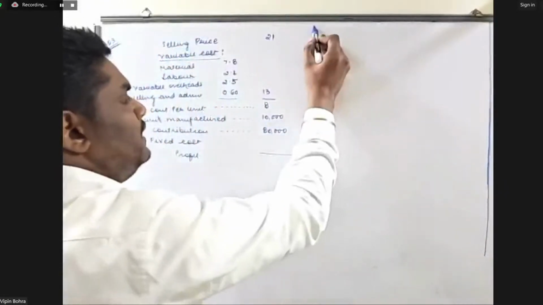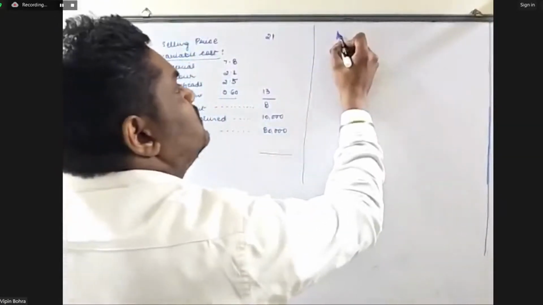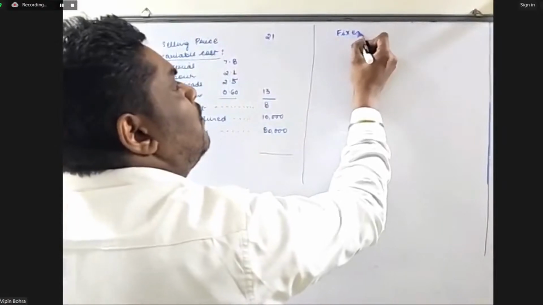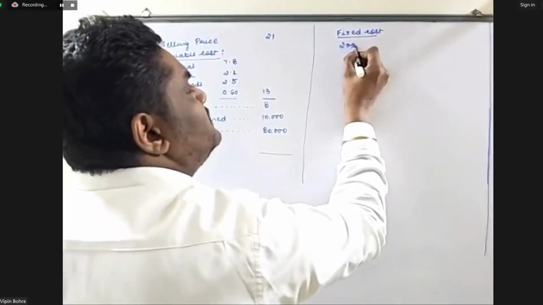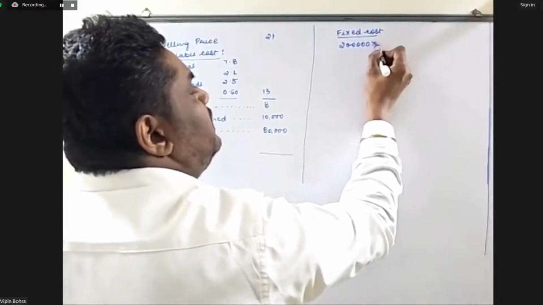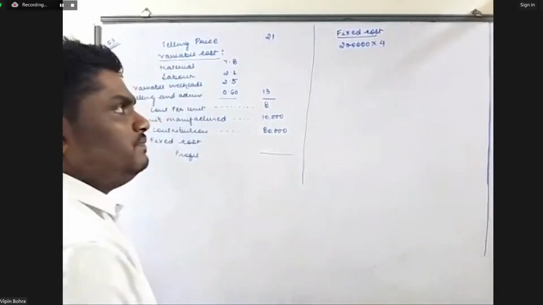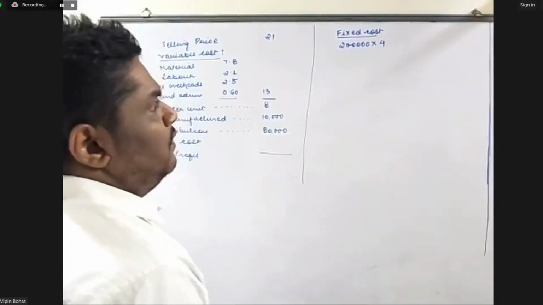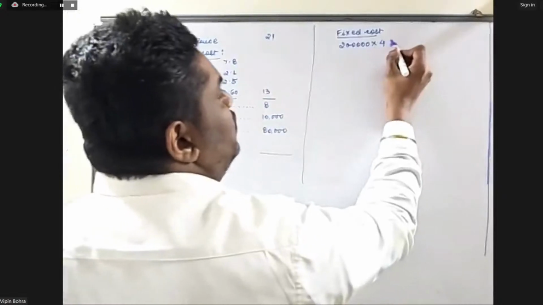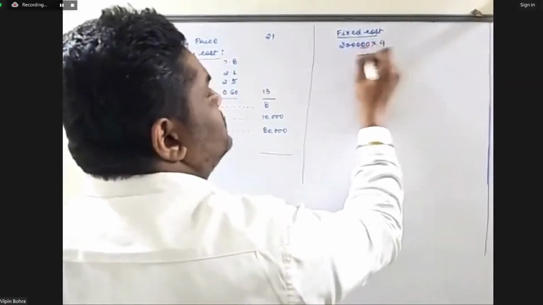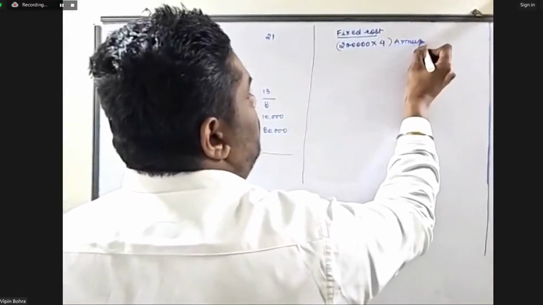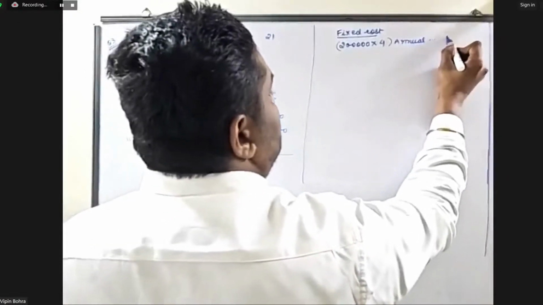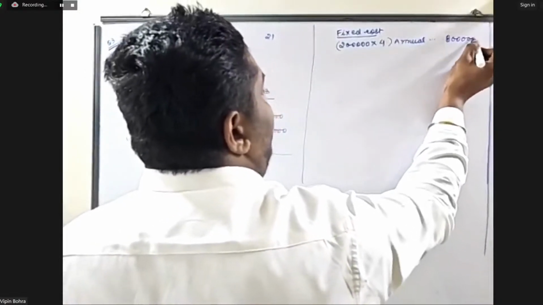So annually it is 2 lakh units into 4, so the annual fixed cost is eight lakh.